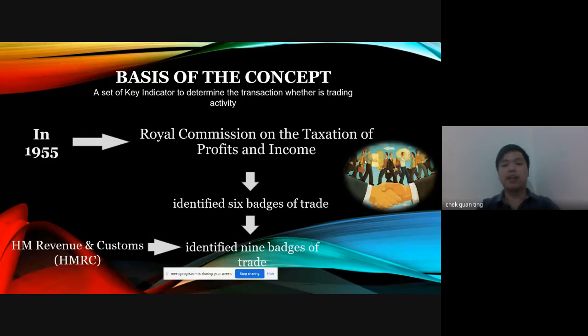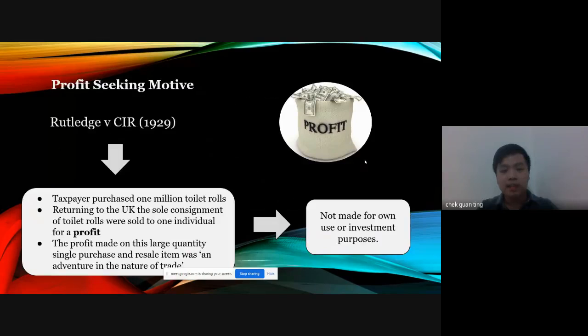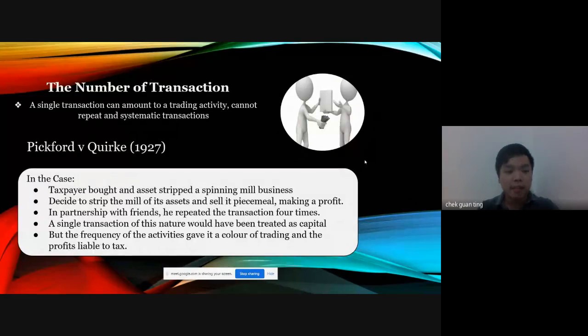So in this case we can see the Pickford v Quirke case in 1927. In the case, the taxpayer bought an asset, a spinning mill business, and he and his partner decided to take the mill or the asset and sell it, making a profit.